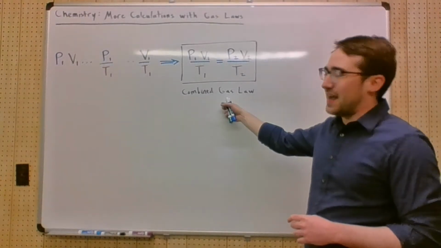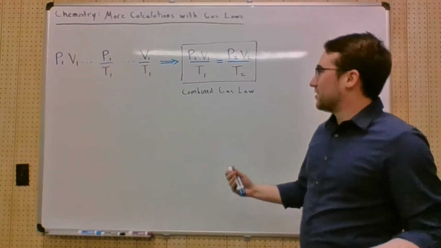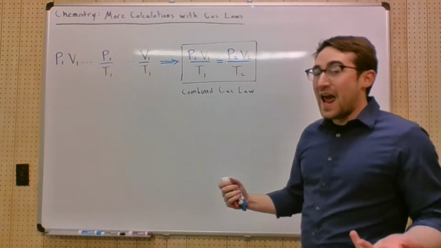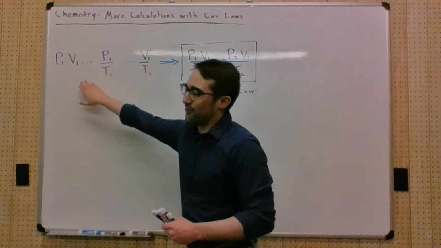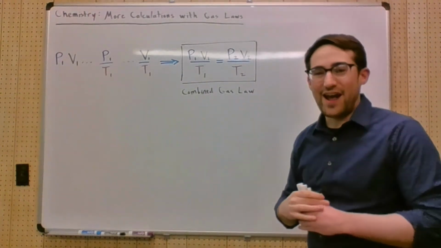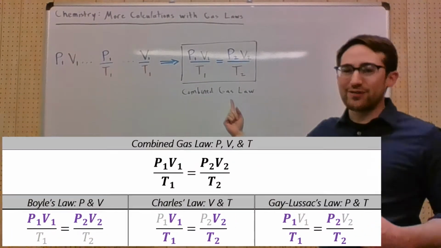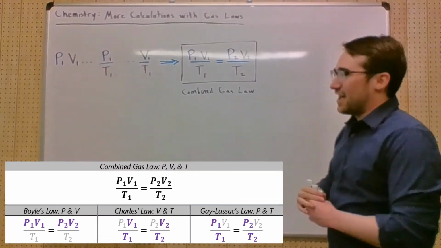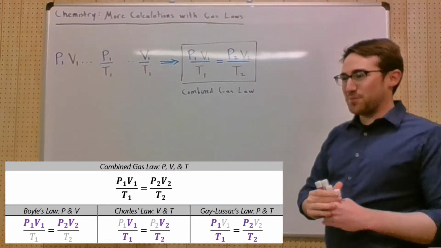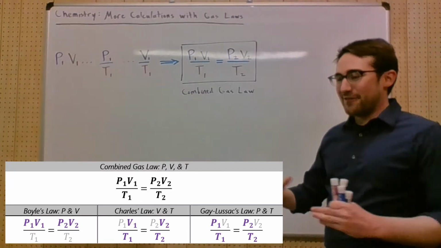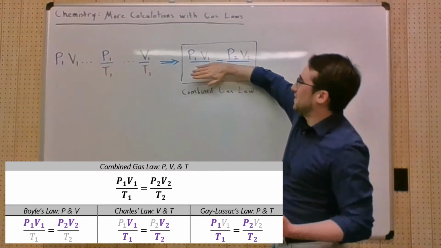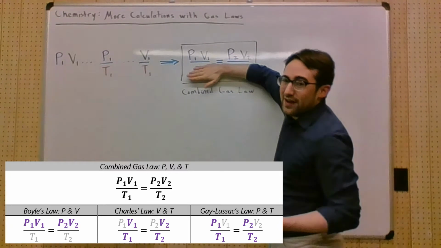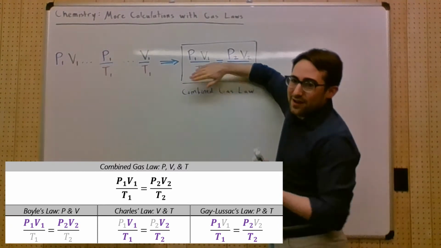So this gas law is just another thing we can add to our tool belt, like I said before, and it can also be useful if you don't have these original gas laws sitting around. If you don't have those equations, you can reduce this down to whatever you need. If I'm dealing with a balloon that is changing in volume and pressure, but the temperature stays the same, if I just ignore the temperature there and there, I just have Boyle's law.